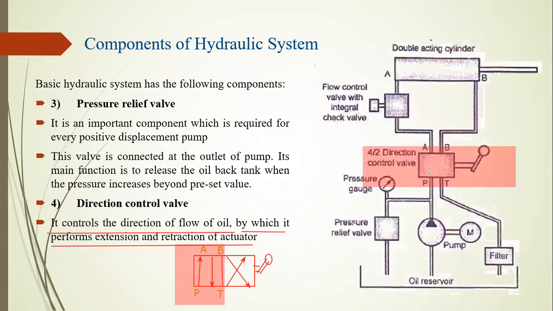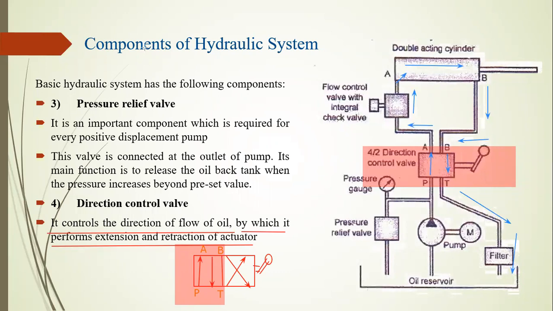Here the oil passes from P to A, enters the cylinder, and the piston moves in the right-hand direction. The excess oil is removed from B, enters at this point and returns to T, and finally comes to the oil reservoir or tank. This is the first position, and it gives a direction in which the oil flows.